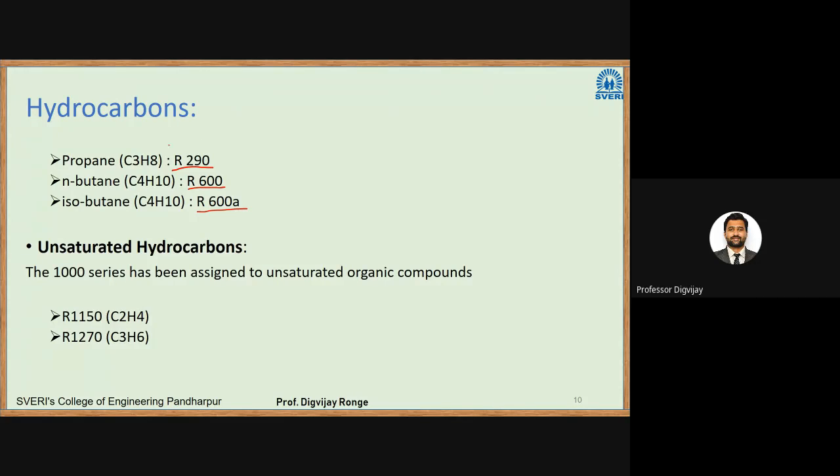In the same hydrocarbons, I have unsaturated hydrocarbons, which I have told you about. CH4 is saturated because the carbon is attached to four hydrogen atoms. But if I remove one of these hydrogen atoms, it becomes CH3, so this is an unsaturated organic compound. The 1000 series has been assigned to unsaturated organic compounds.